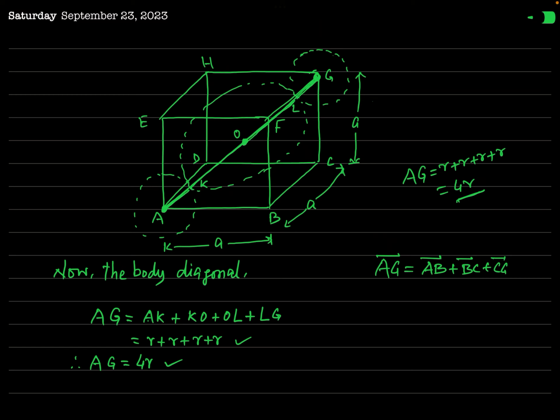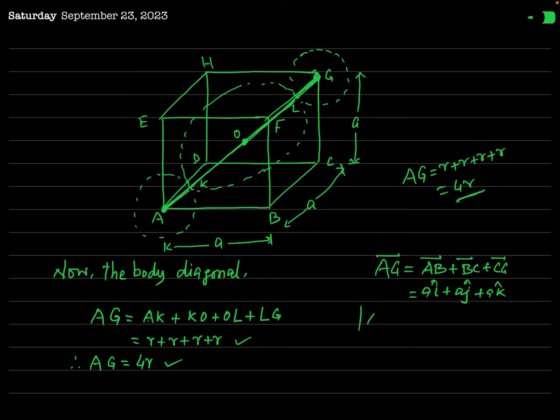Now if you assume that AB is along the x-axis, BC is along the y-axis and CG is along the z-axis, because the three edges of a cube are mutually perpendicular, this will be simply equal to AI plus AJ plus AK.